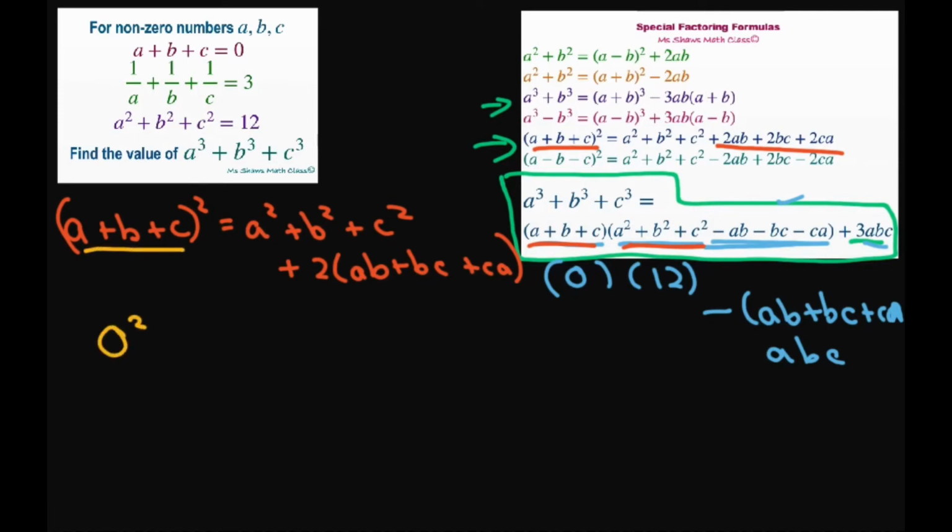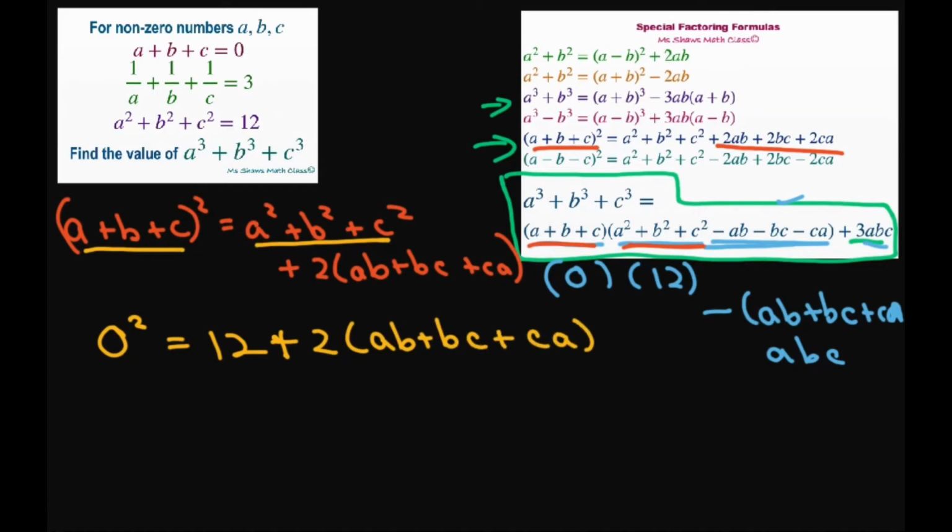All right, now, for that formula, we know that a plus b plus c is 0, so that's 0 squared, which is just 0. And we have a squared plus b squared plus c squared, and that's going to equal 12, plus 2 times ab plus bc plus ca.